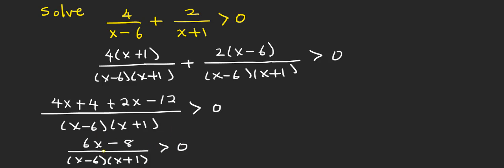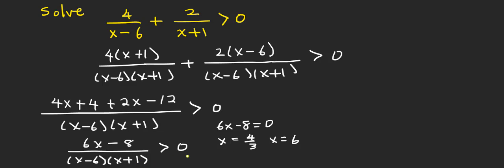Now, look at each factor: 6x minus 8, x minus 6, x plus 1. Set each equal to 0 and solve for x. When 6x minus 8 is equal to 0, you get x equals 8 over 6, which is 4 over 3. What about x minus 6 equal to 0? You get x equals 6.